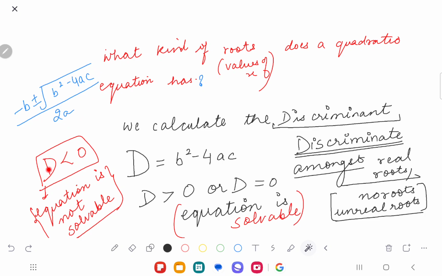That's what discriminant less than 0 means. I hope you're understanding. Any doubts on this? All right, that is the concept.